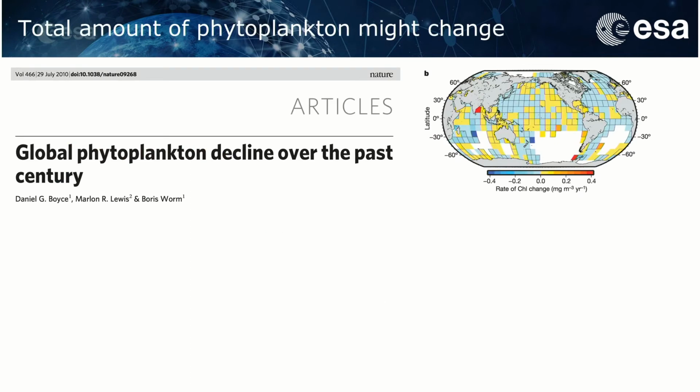with changing climate. So just to put this into a bit of context, there was a paper published in 2010 in Nature, which reported a global decline of phytoplankton over the last century. Now, this wasn't from satellite observations, obviously, because we don't have 100 years of satellite observations. This was from in situ observations. And if I take you back to the first lecture we did on Wednesday, I talked a bit about the Secchi disk.